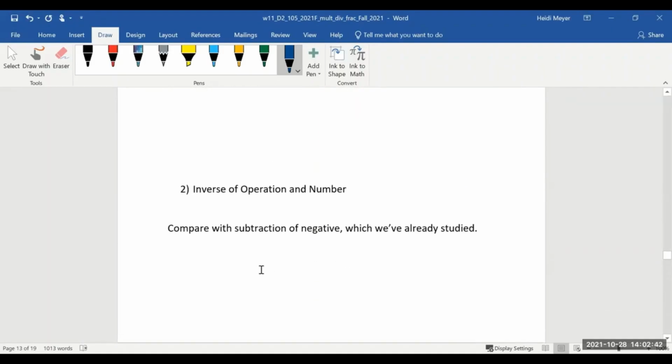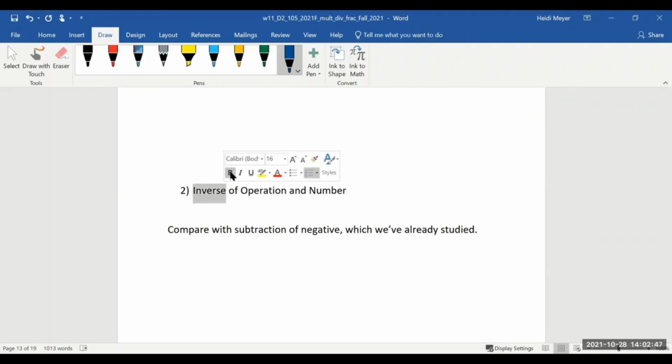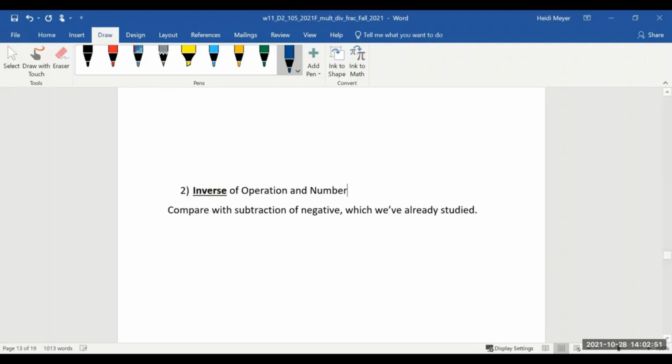The second one is inverse. It's the idea of inverse with operation and number. Now, this is more helpful when students have already worked with negative numbers. So it's more helpful in the higher grades than in the lower grades. But you know that 7 minus -2 can be rewritten as 7 plus +2.